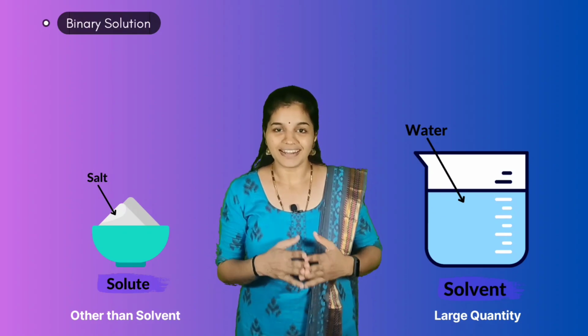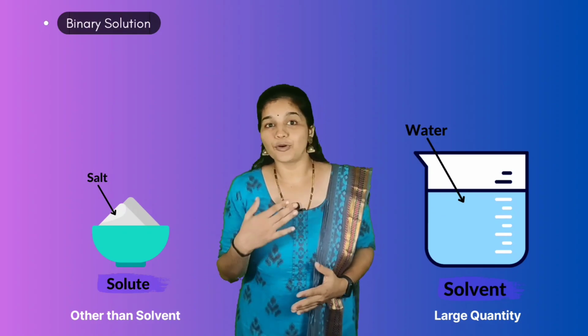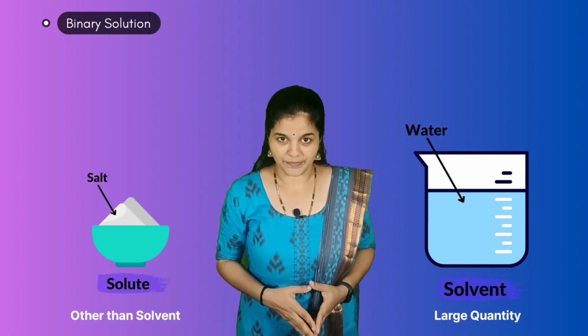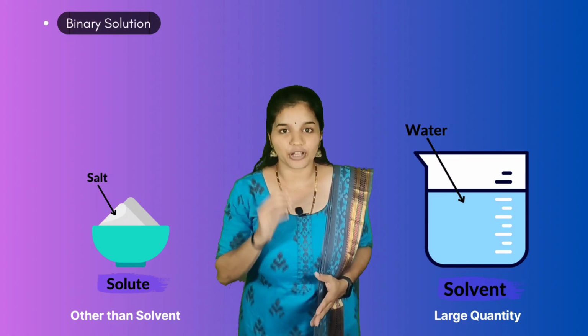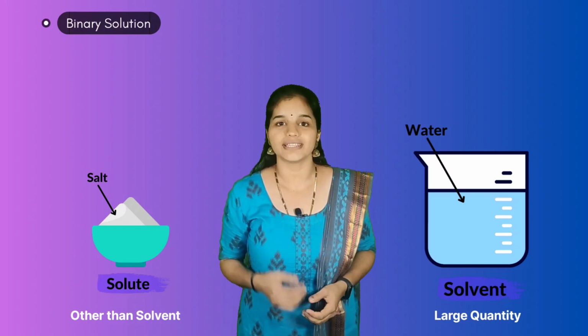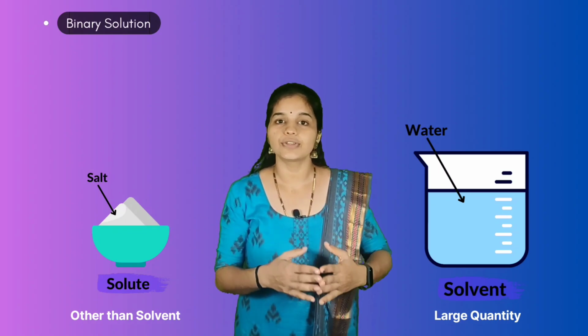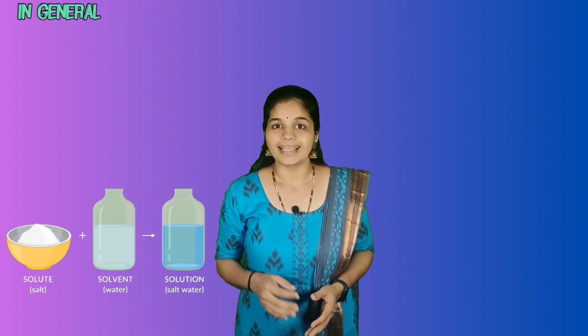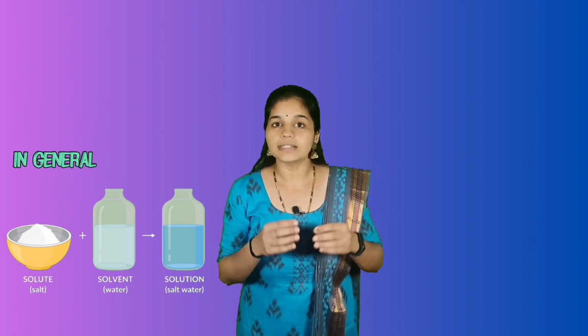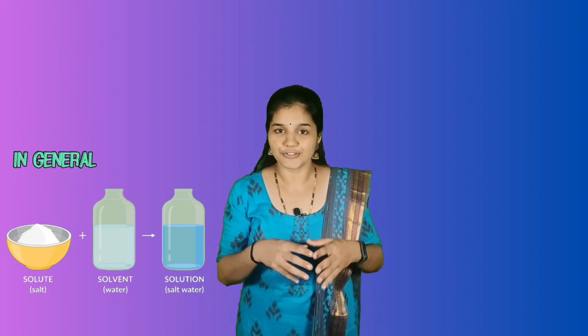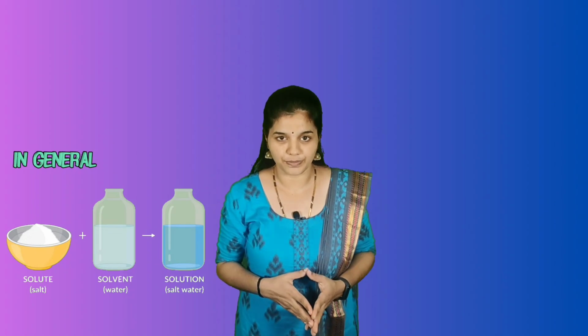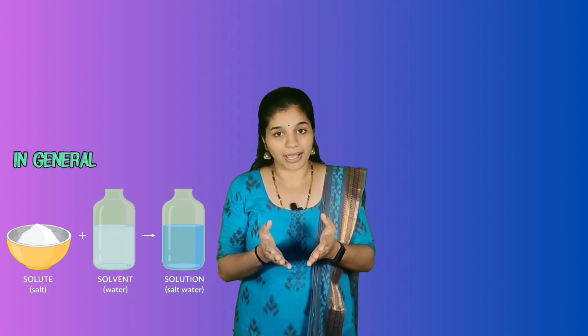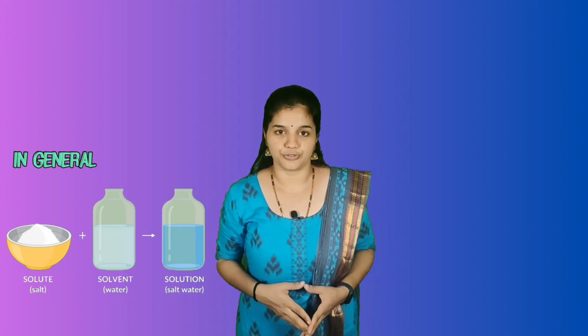Water, right? Since water is present in more quantity, it is solvent. Salt is present in smaller quantity, so salt is solute in case of salt water. In general, when a solute is dissolved in solvent, we get solution. So, solute combined with solvent, we get solution.